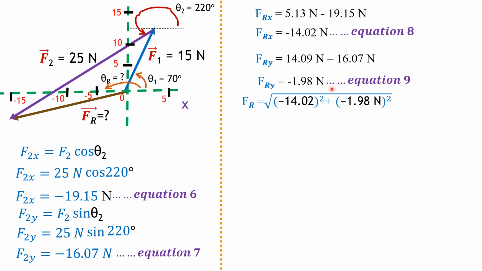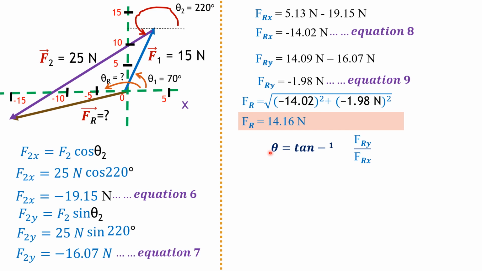Putting the values of Frx and Fry from equation number 8 and equation number 9 in equation number 1, we get Fr is equals to square root of minus 14.02 whole square plus minus 1.98 Newton whole square. After solving, we get Fr is equals to 14.16 Newton.